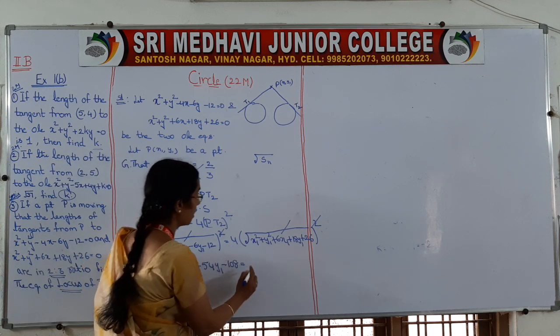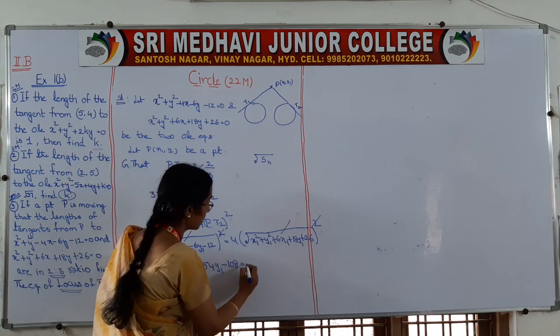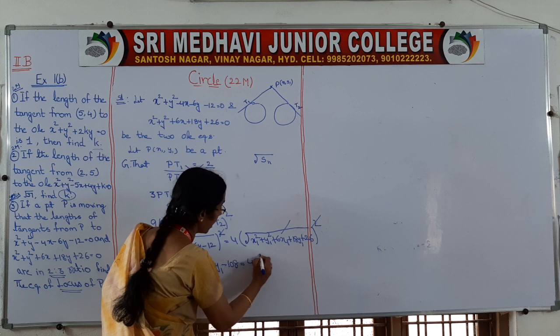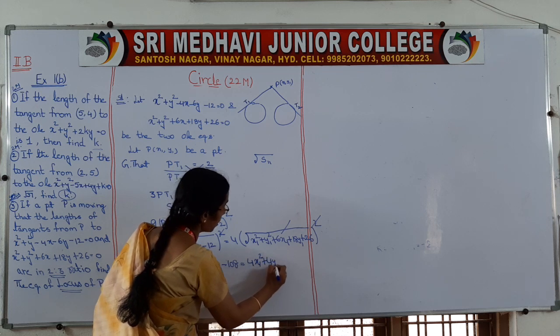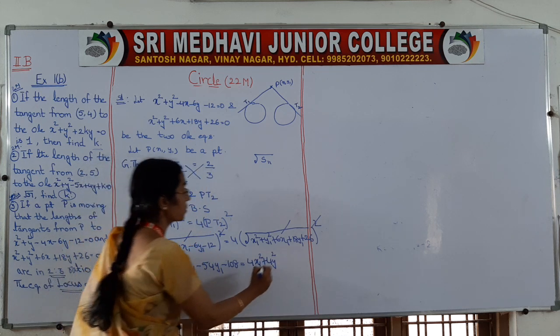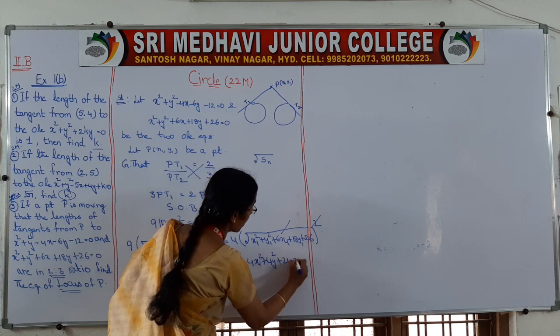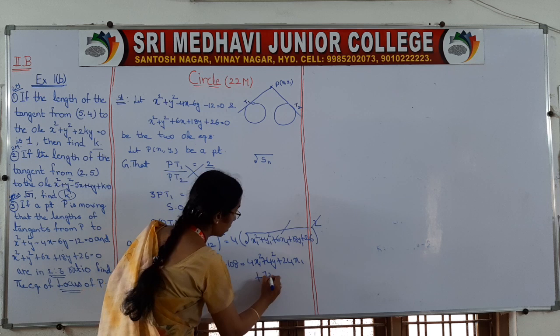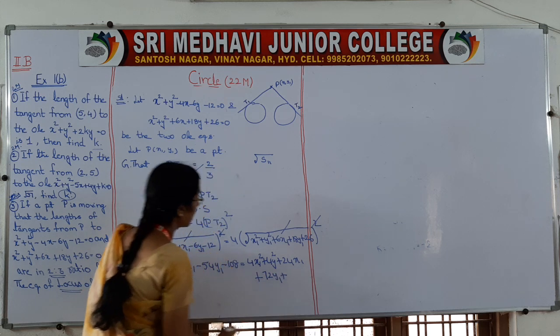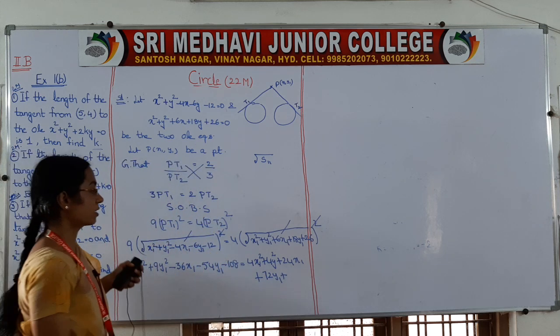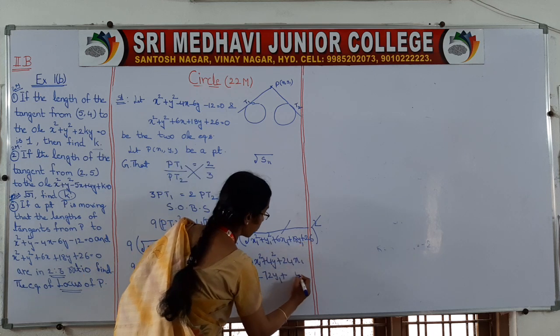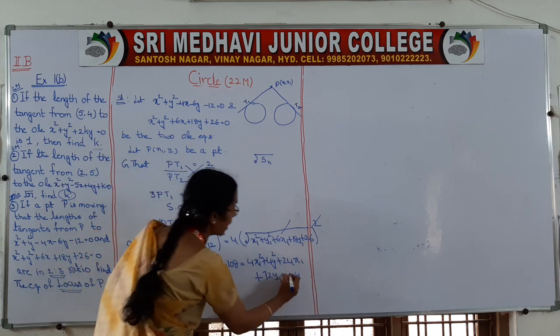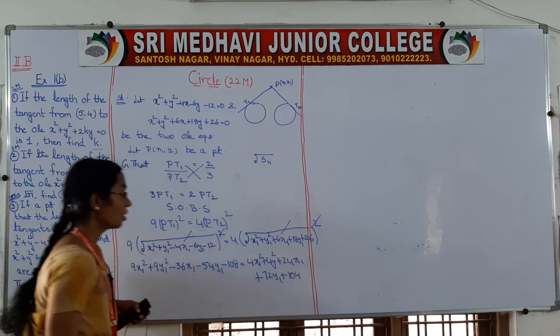Similarly, you open the brackets here, the square root cancels. So 4 into x1 square, 4 into y1 square, 4 6s are 24x1, plus 18 4s are 72y1, plus 4 into 26, which is 104.